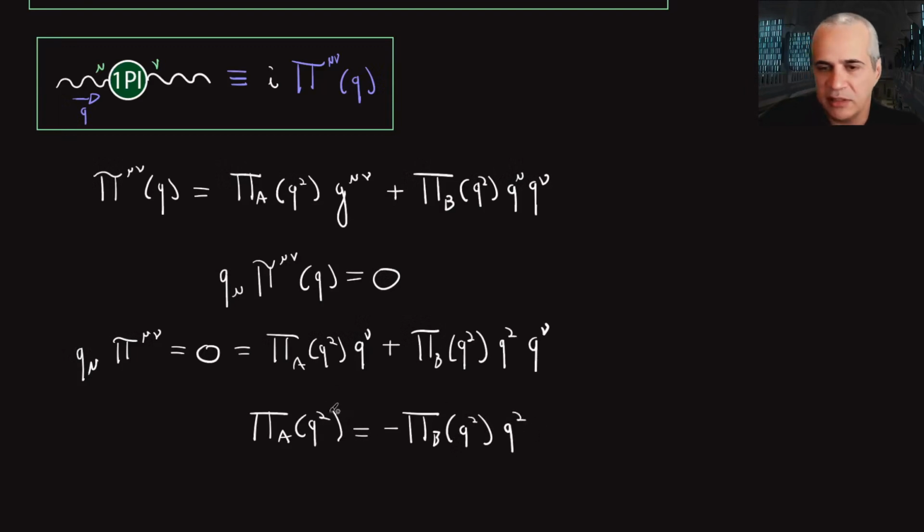So you see this tells us that these two things that could be independent in principle, for a general tensor, cannot be, because they won't satisfy Ward identities. So there's a relation between them. I'll just baptize these, I just give names to these functions.